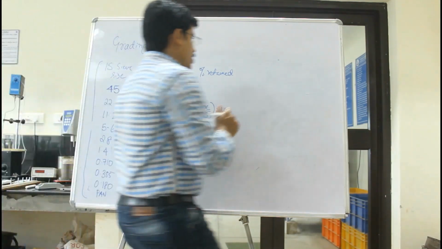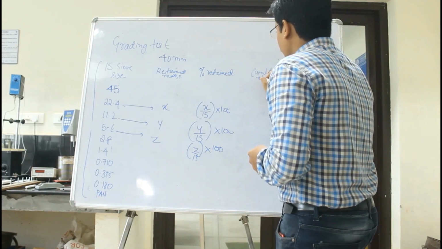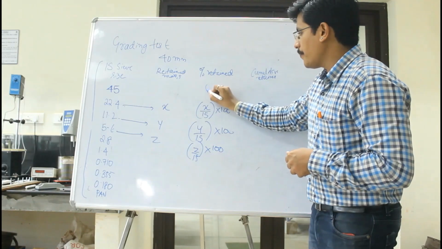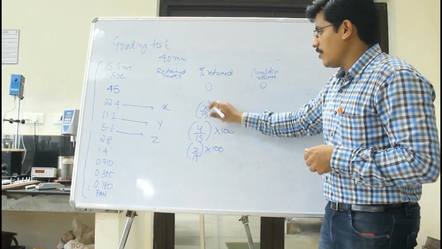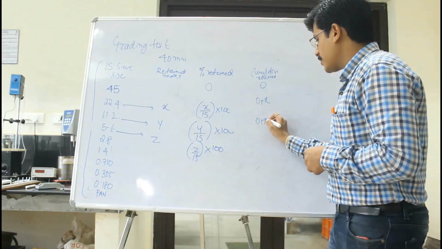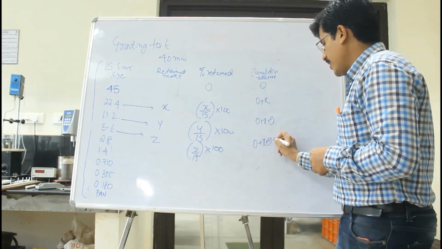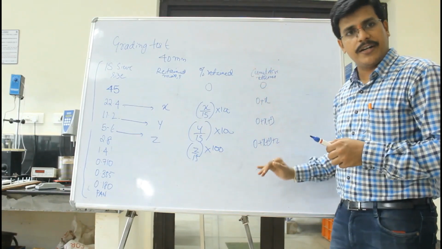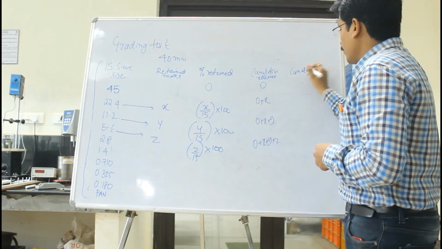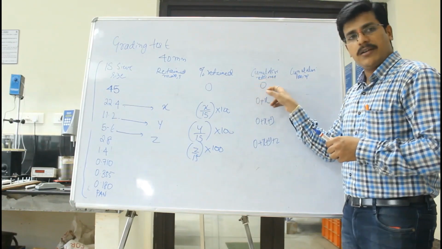Then you determine the cumulative retention, because you will start adding. Assume this is 0, this will again be 0, this will be 0 plus x, this will be 0 plus x plus y, and this will be 0 plus x plus y plus z. This gives the cumulative percent retained, and then you find the cumulative percent passing. If 0 is retained, then passing is 100.